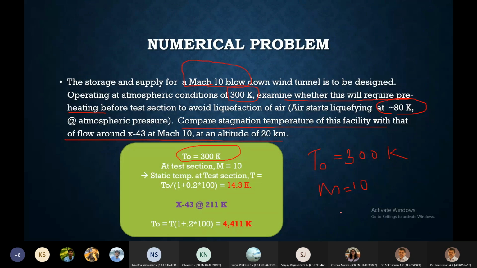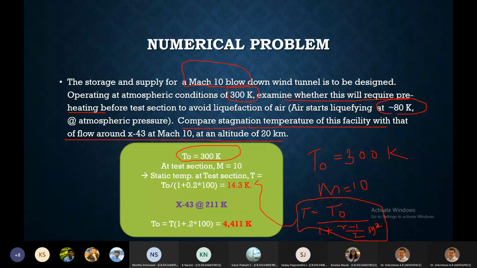So now, if T0 is 300 Kelvin and Mach number is 10, we find what T is, right? It has to be T0 divided by 1 plus (gamma minus 1) by 2 times M squared, assuming reversible adiabatic flow. Here M squared is 100, because M is 10, and gamma is 1.4.